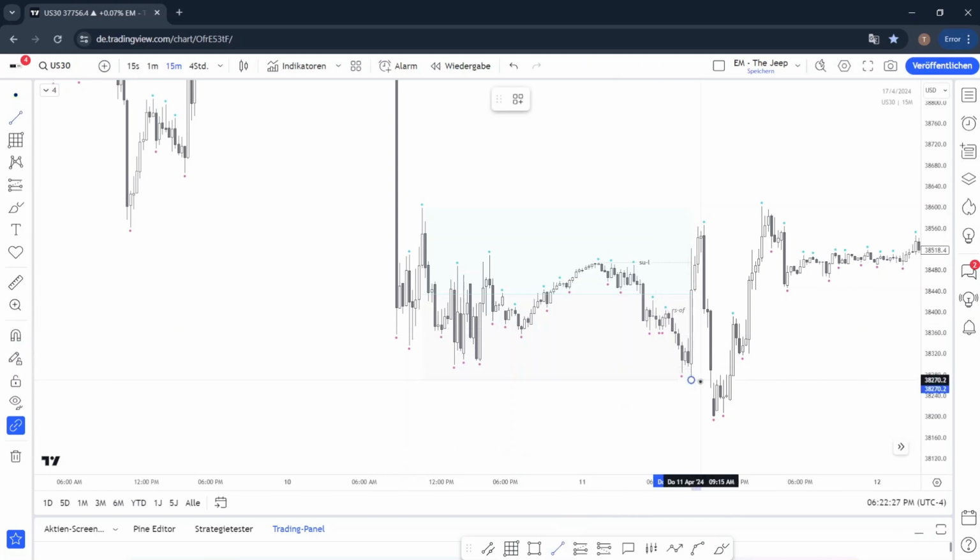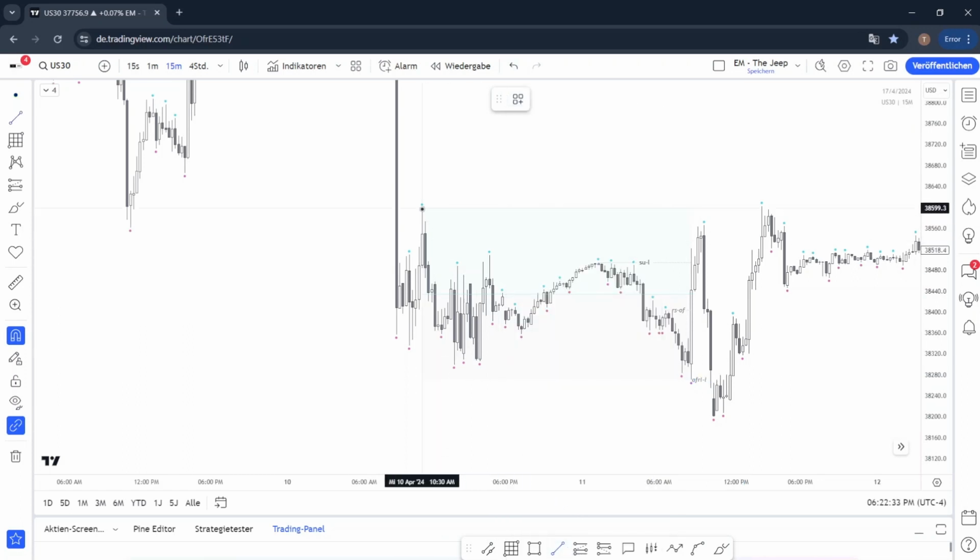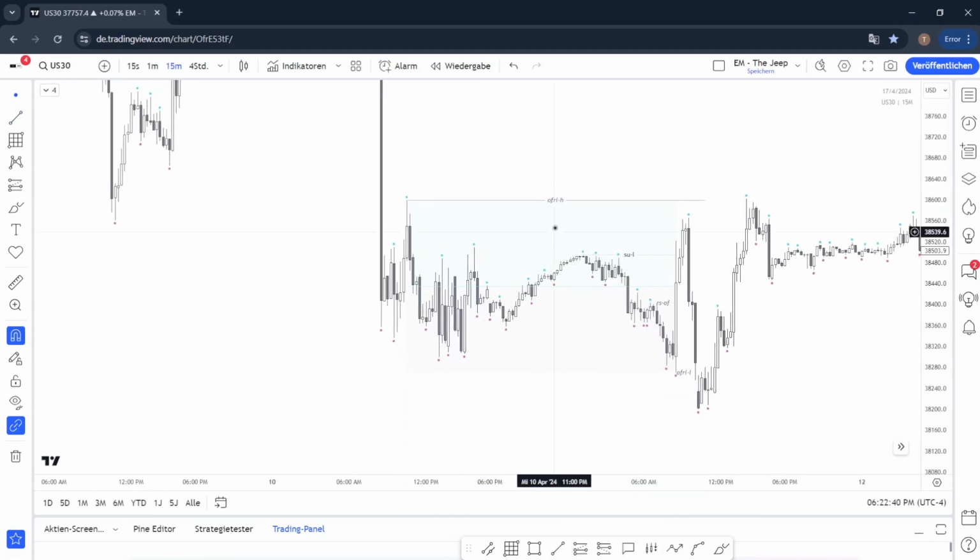So this was an example of the actual play, a nice example of the actual play from Thursday, based on understanding order flow ranges.